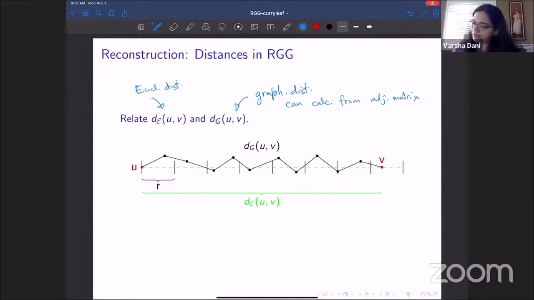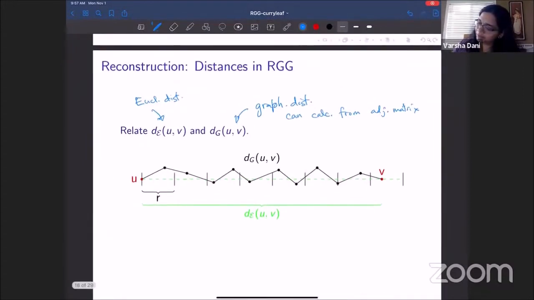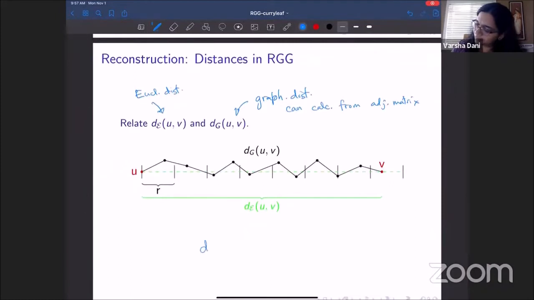But on the other hand, the graph distance, when these points are in the plane, might not go straight there. It may go back and forth. So we want to relate these two quantities. And well, one direction is easy, right? Clearly, the Euclidean distance is at most r times the graph distance.